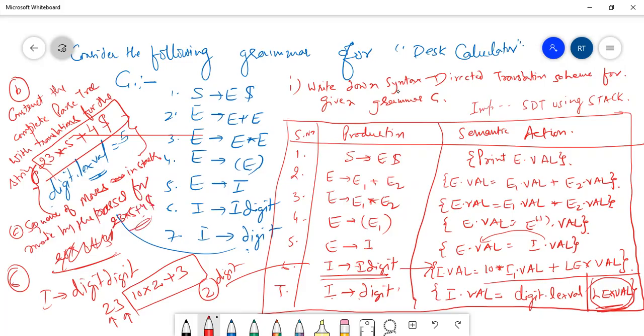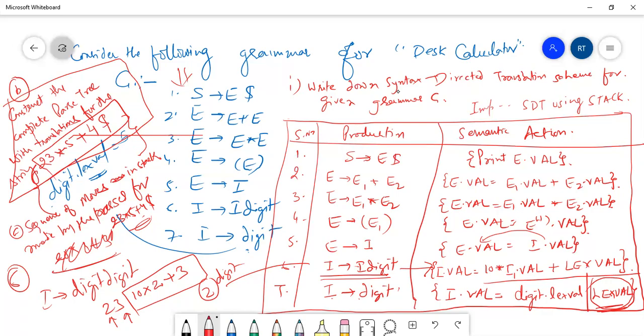So first of all, you will construct this parse tree. We have discussed all this. So construct the complete parse tree with translation for the string 23 star 5 plus 4 followed by dollar. The grammar is given to you. This is your grammar.